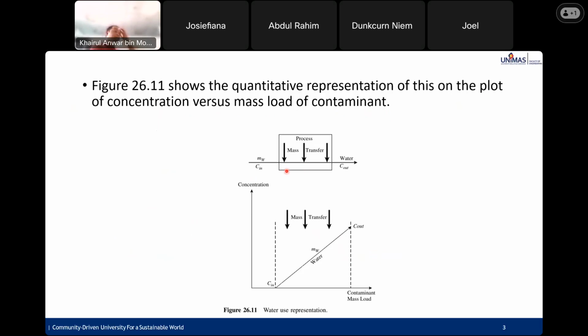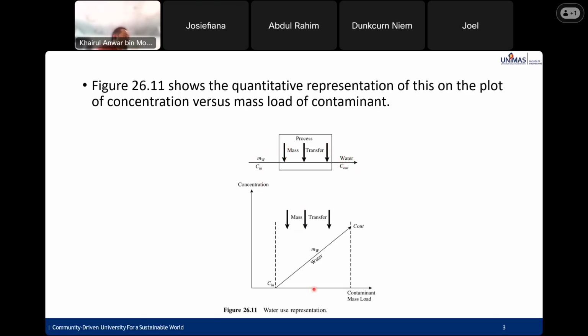So here, water in, its concentration, and inside the process it transfers to get the water outlet concentration.